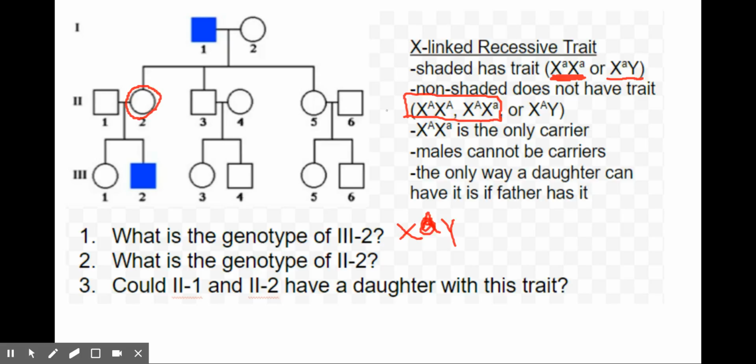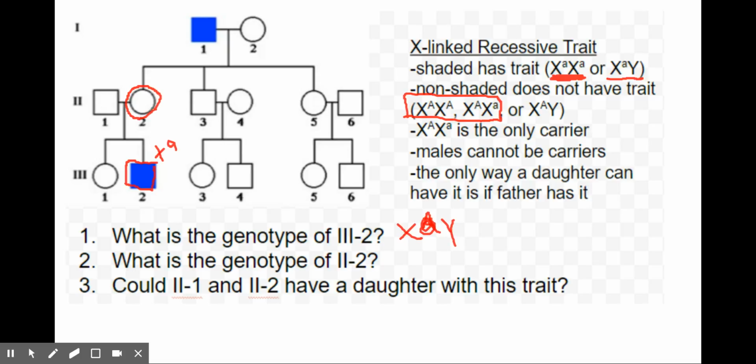Okay, now which is it? So again, the only way a male can have the trait is if it gets a recessive allele from its mom, because it can't get that X from dad, since it's only getting the Y from dad.